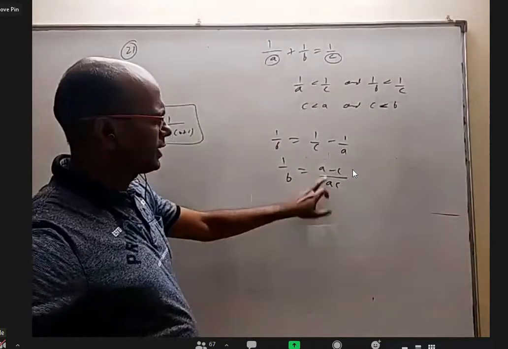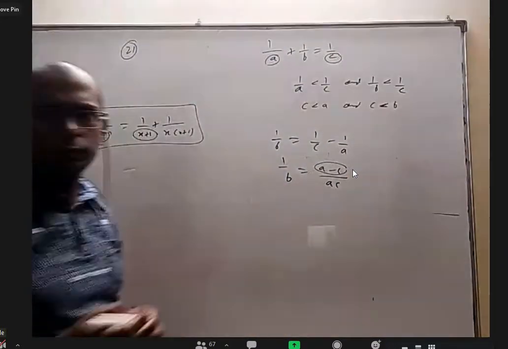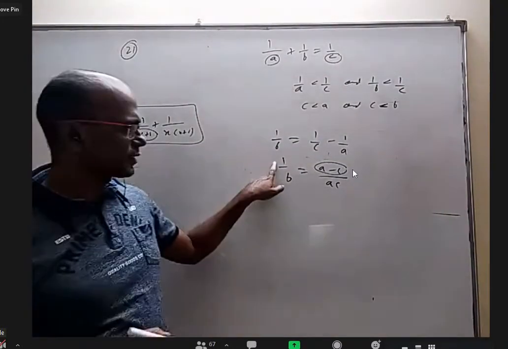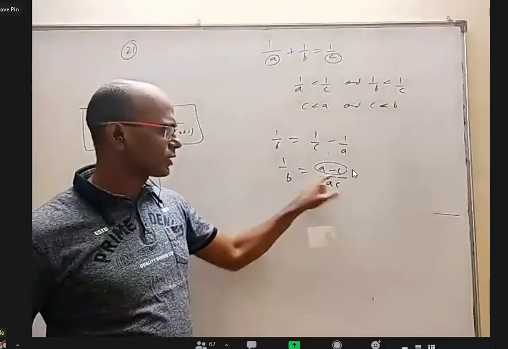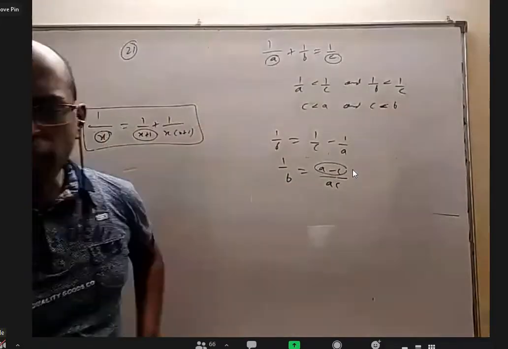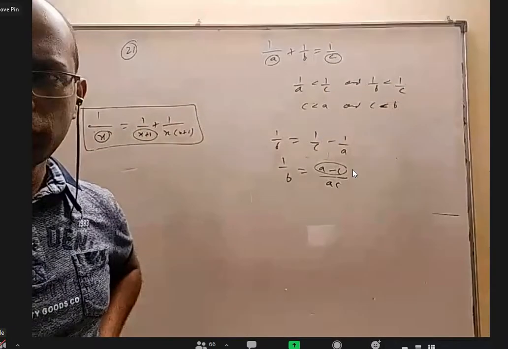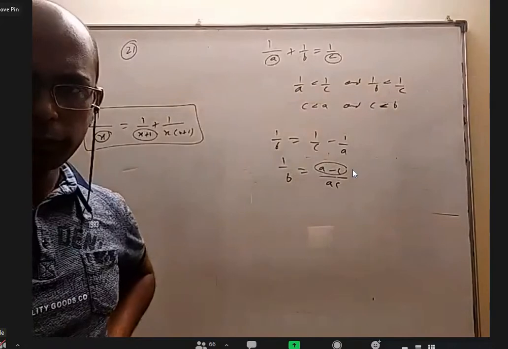Can A minus C be cancelled with A? Is it possible? Because here 1 is there. That means this is some number which should be cancelled by A or C or part of A or part of C. Can A minus C and A have any common factor? No, right?